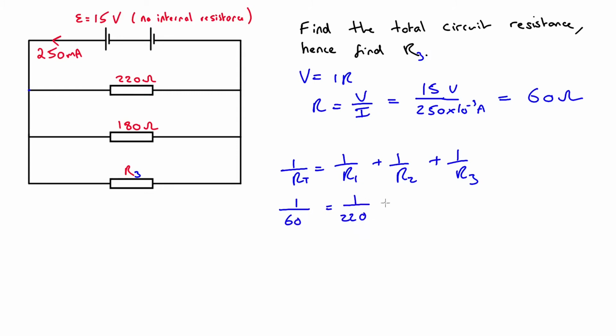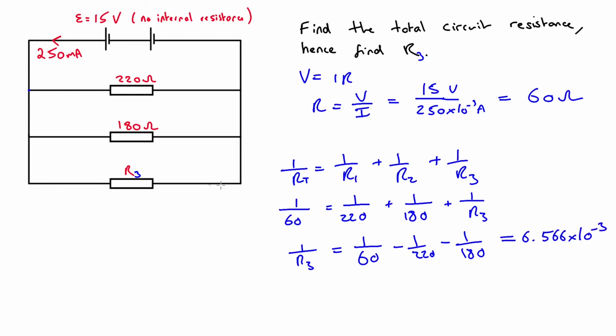We know R1. We know R2. We want to find R3. We can easily rearrange that formula. 1 over R3 equals 1 over 60 minus 1 over 220 minus 1 over 180. So there we have the value for 1 over R3. Don't forget then you've got to work out the resistance, 1 over that value.